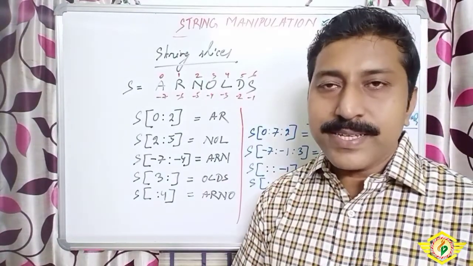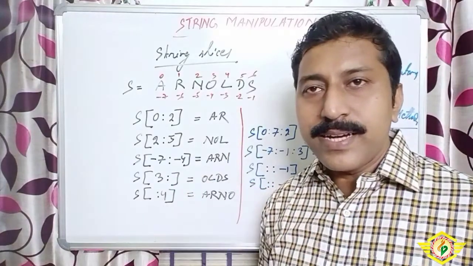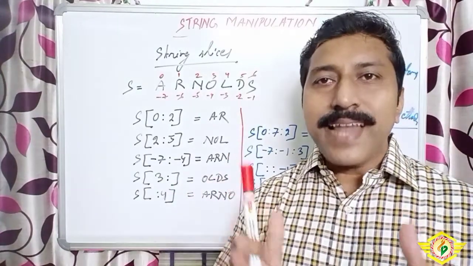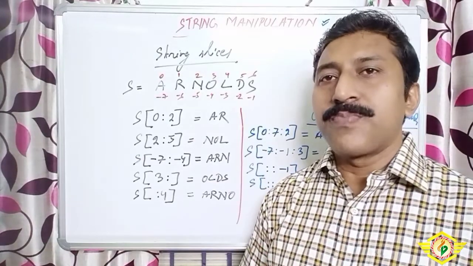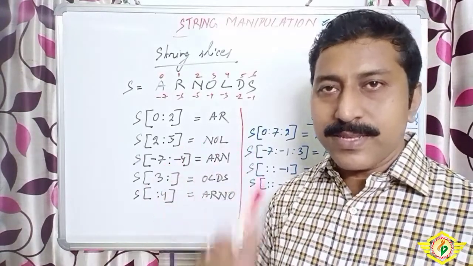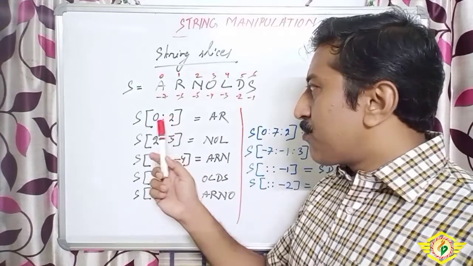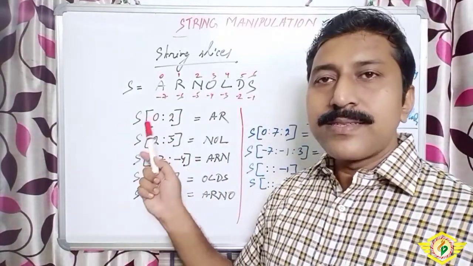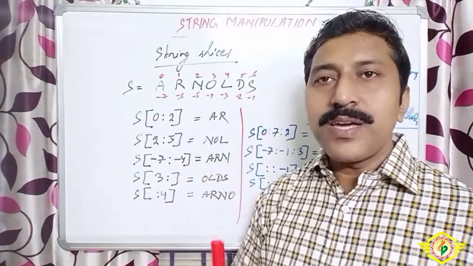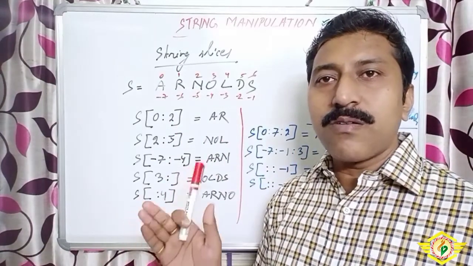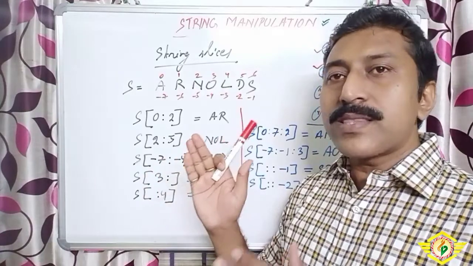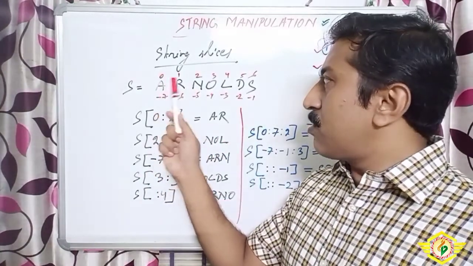Now after getting the index numbers, how do we slice, how do we get a part of a string? I have given some examples, let us discuss them one by one. First, s[0:2]. 0 means the first character, 2 means the third character: 0, 1, 2.